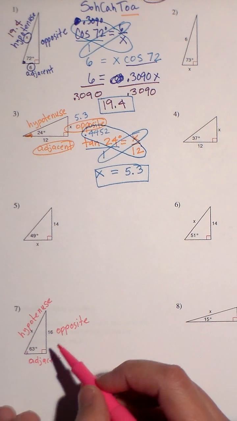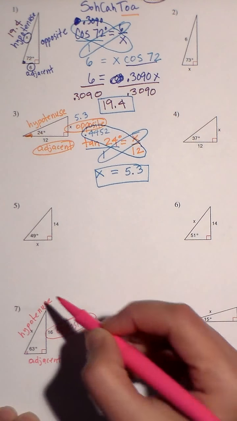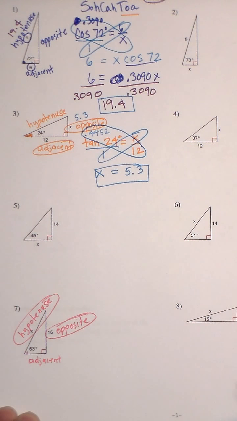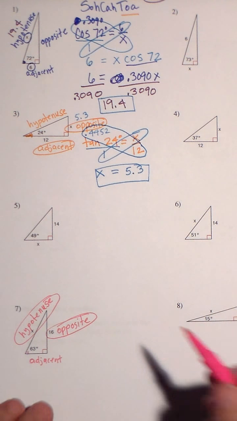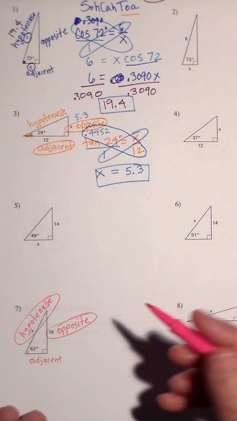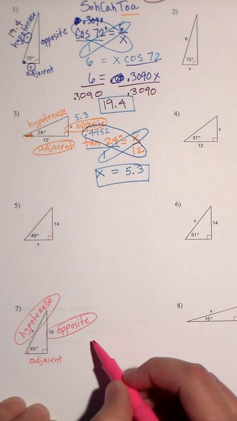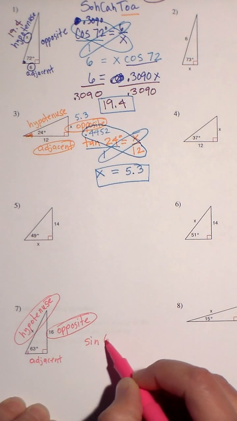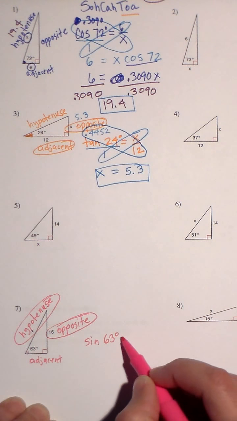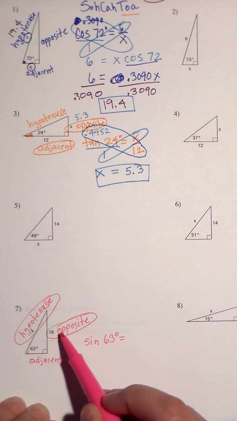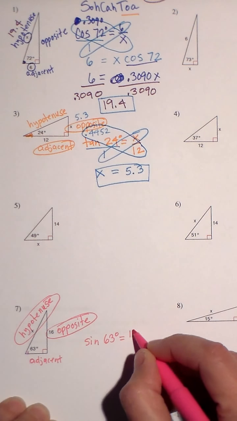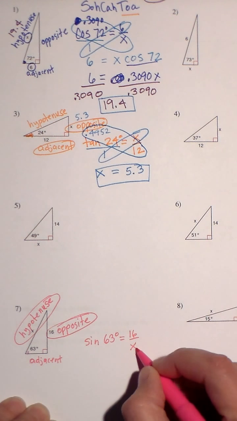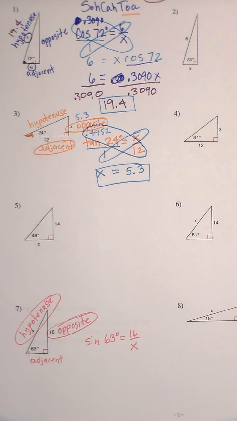Well, what values am I given? I'm given opposite and hypotenuse. Which function is opposite and hypotenuse? That's sine. So we're going to say that the sine of 63 degrees, which is your angle, is equal to the ratio 16, your opposite, divided by x, which is your hypotenuse.